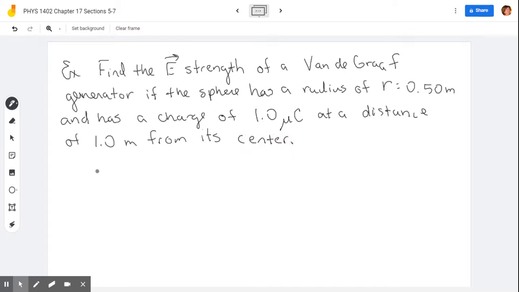Let's draw a picture. Your basic Van de Graaff generator looks like a big metal sphere, and inside there's a belt, and that belt generates a static charge. Here's the center.